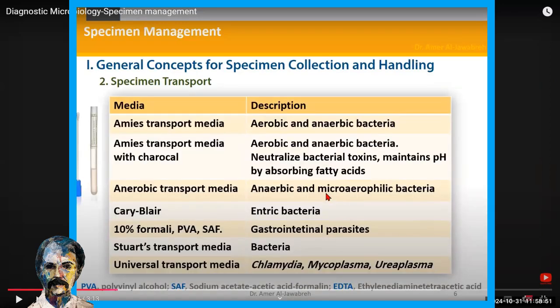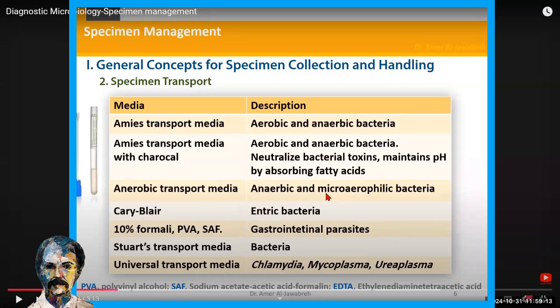Specimen transport. Companies make swabs and transport media because they know that some labs don't perform these tests, because these are special tests. So they manufacture and provide them, or you have to buy them, with media.